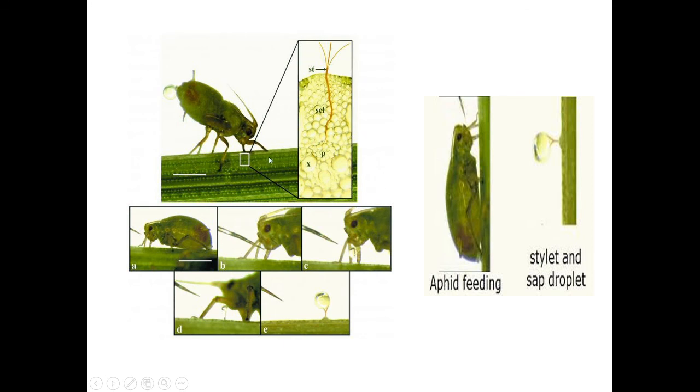And the next one is the aphid test. These aphids insert their proboscis into the sieve elements, and they suck the sugary substances which are present in it.